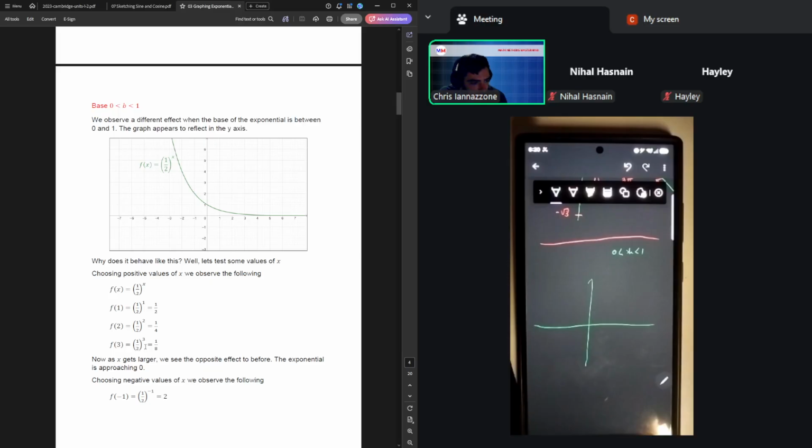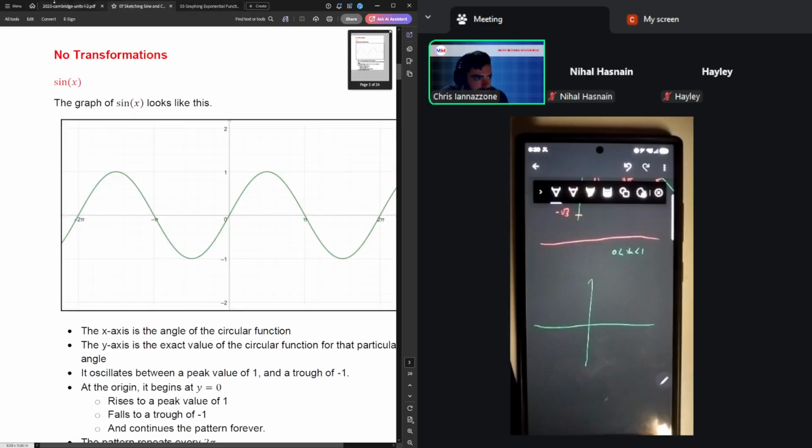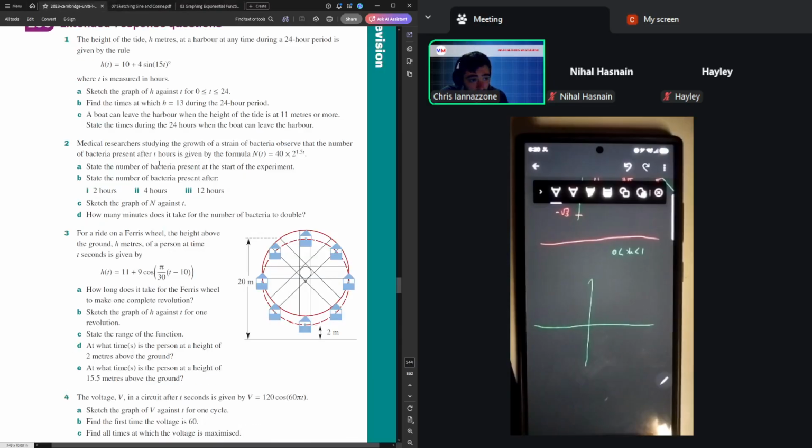But the denominator will keep changing over time. And so that's why what you effectively get is a reflection across the y-axis. So definitely worth looking out for whether you do get a base between 0 and 1, because it might happen and it does have an impact on the graph. Again, pretty rare, but worth pointing out.